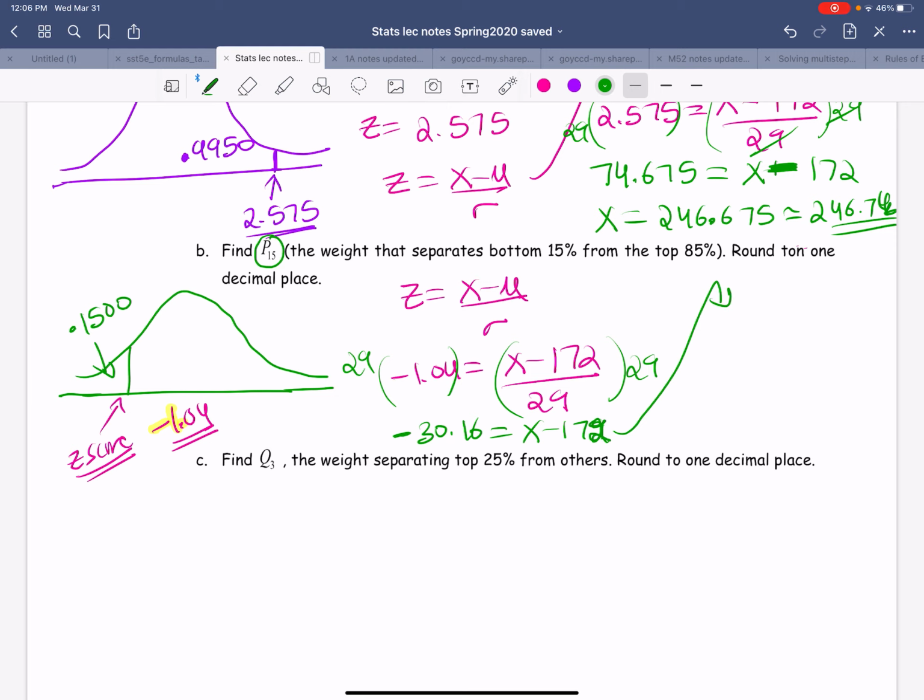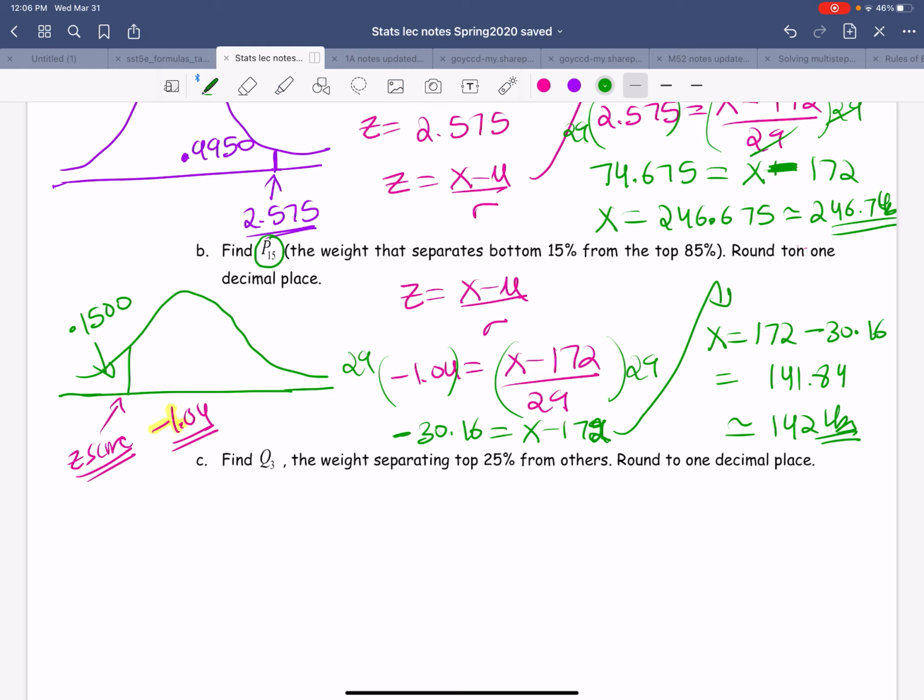Now from here, when I'm isolating the x, I'm going to add 172 to both sides. 172 minus 30.16 turns out to be 141.84. So approximately 142 pounds is the P15, or 15th percentile.